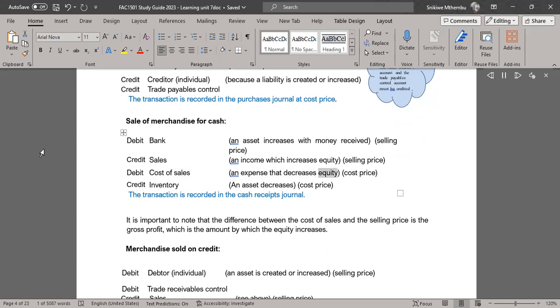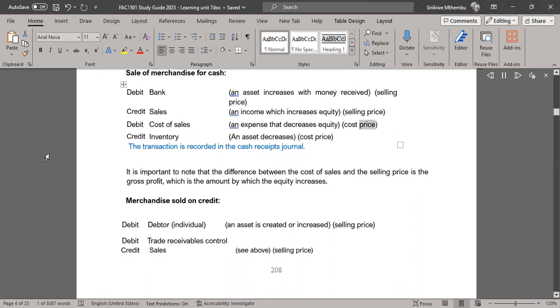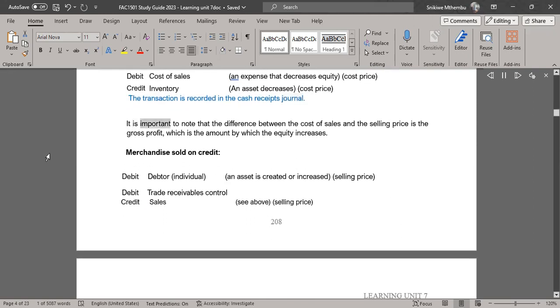An expense that decreases equity, cost price. Credit inventory. An asset decreases, cost price. The transaction is recorded in the cash receipts journal. It is important to note that the difference between the cost of sales and the selling price is the gross profit, which is the amount by which the equity increases.